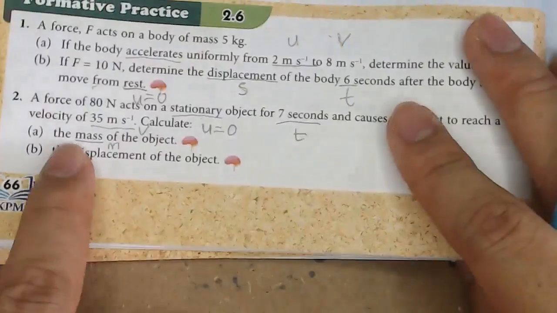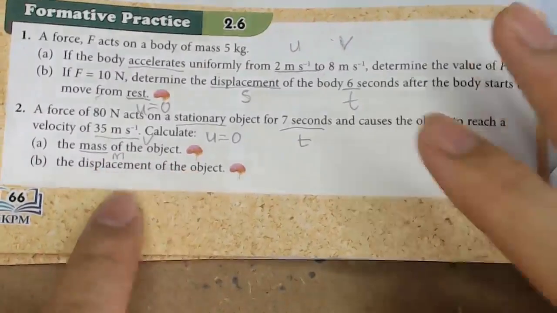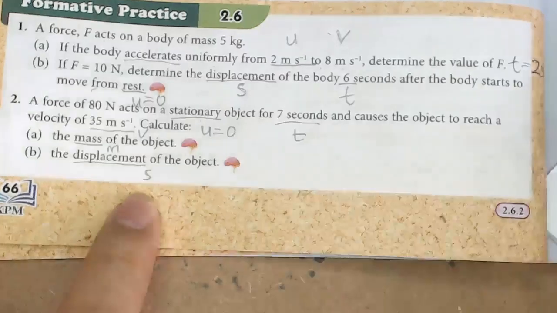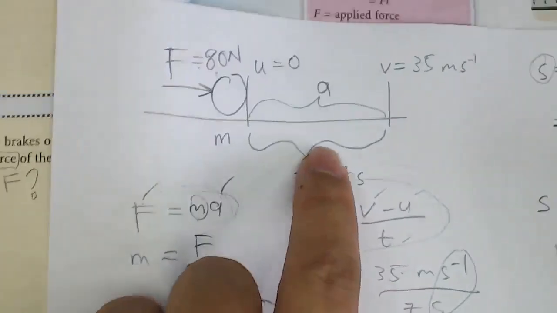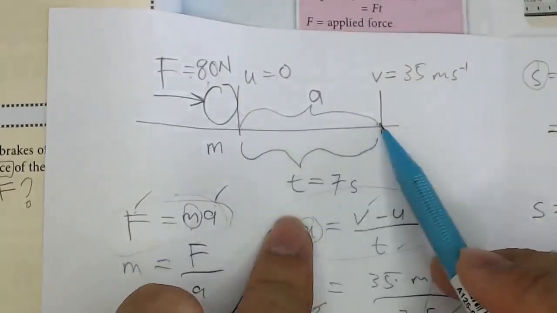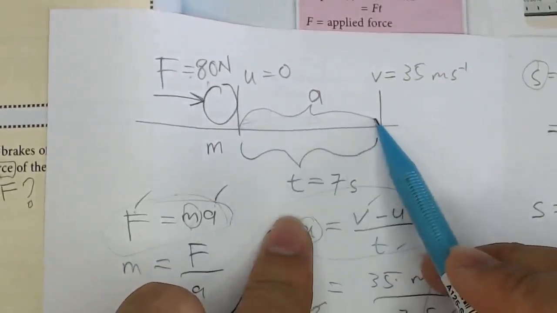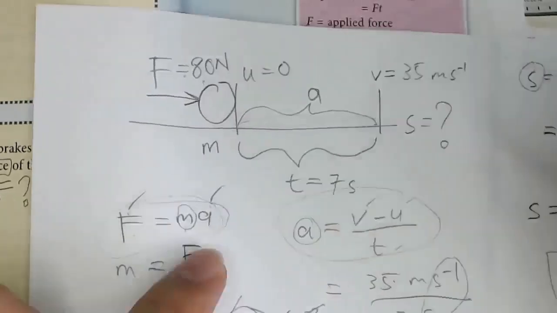Then moving along, this time we need to find the displacement of the object. The displacement is S. Okay. So the idea is, how long is this? Correct? How long is this distance? Okay, we need to find the S. What is S?